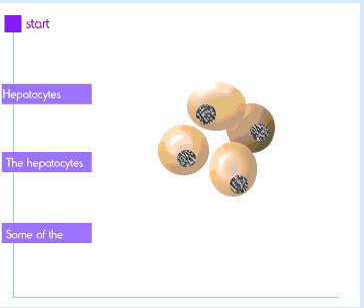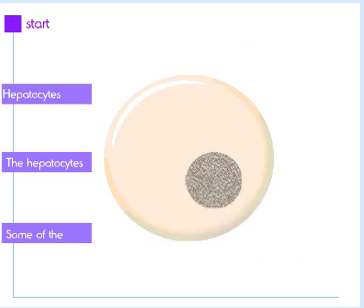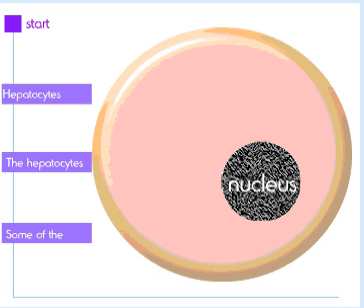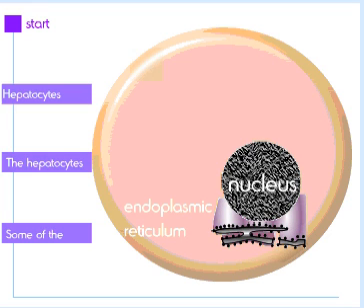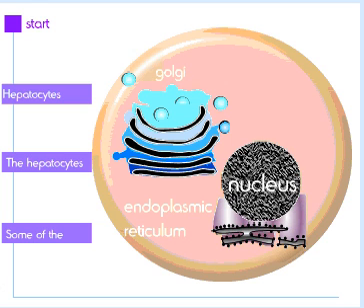Hepatocytes are the predominant cell type in the liver. An estimated 80% of the liver mass is made of these cells. The hepatocytes are round in shape, containing a nucleus and an abundance of cellular organelles associated with metabolic and secretory functions. Organelles include endoplasmic reticulum, both smooth and rough, and Golgi apparatus for secretory functions.